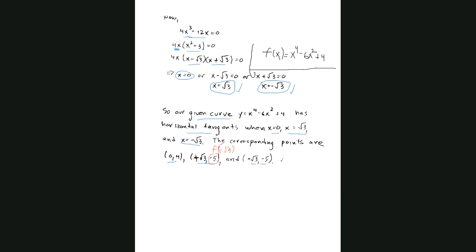And so, like this, if we do f of positive root 3, you'll get root 3 raised to the 4th minus 6 times root 3 squared plus 4.